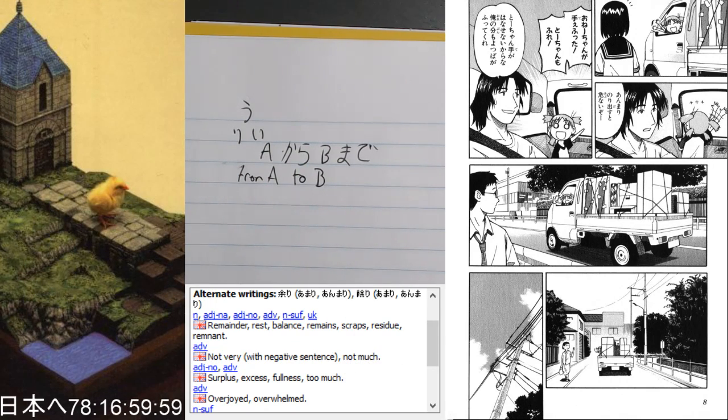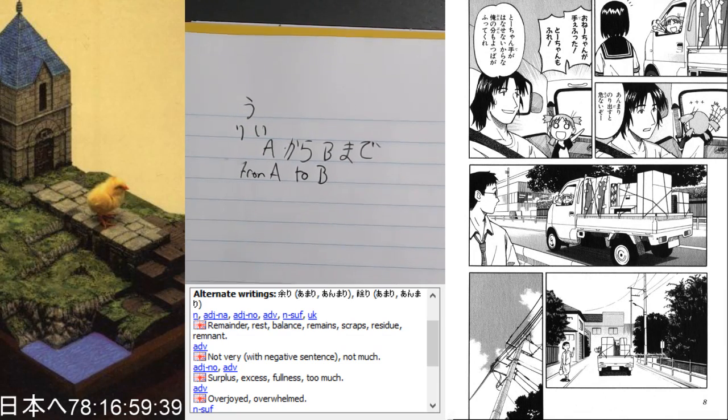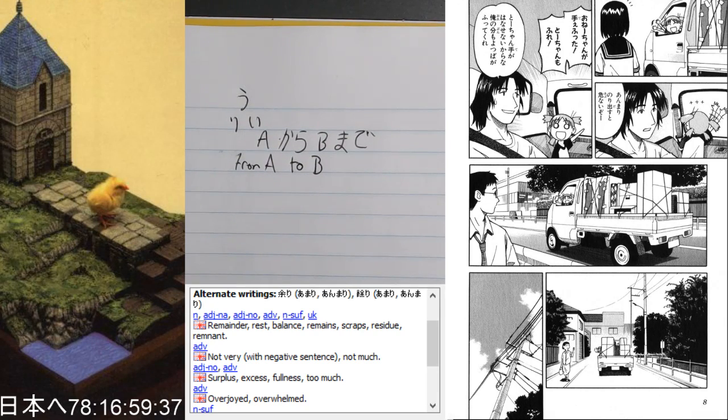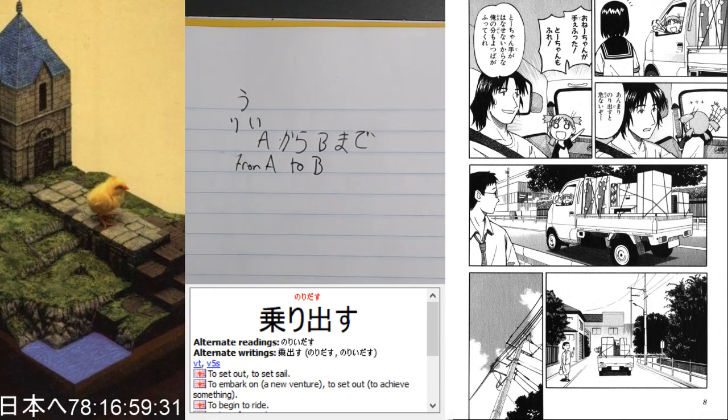Noridasu is a verb? Because it's nori dasu. Usually, when it's unconjugated, a verb is going to be a kanji and then an u hiragana. Okay. All right. So, anmari noridasu to abunai zo.